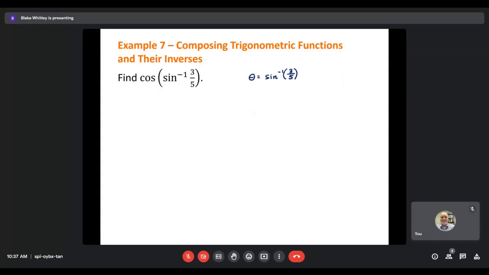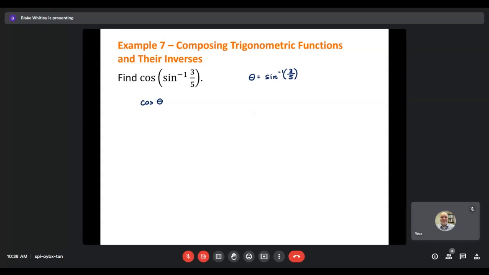So basically take everything inside that entire inverse trig function and let it equal some angle theta. So really, what we're trying to find now is cosine of theta, because I've let theta be equal to that inverse trig function.